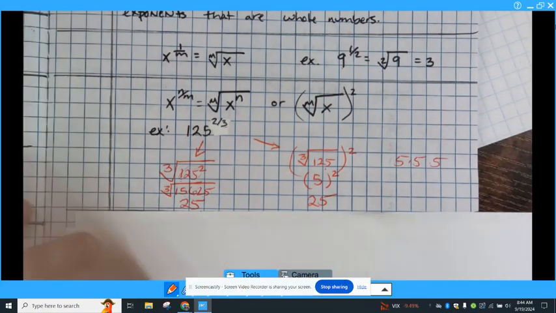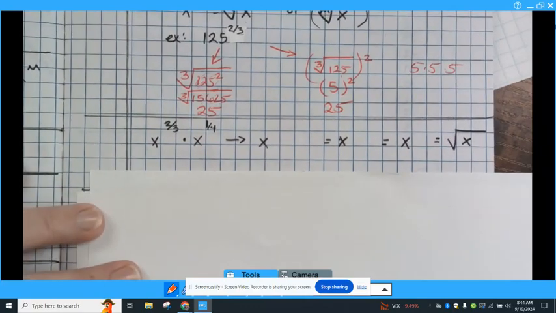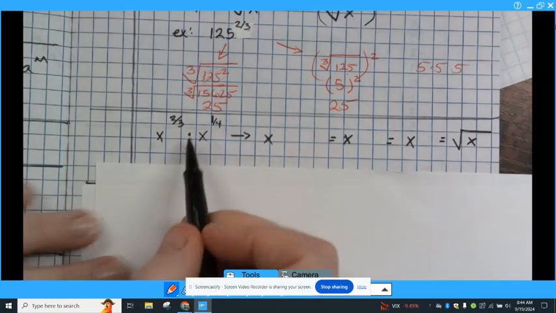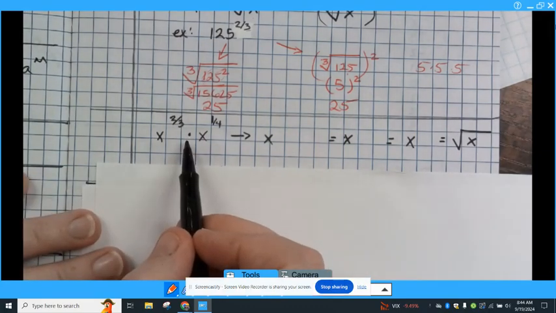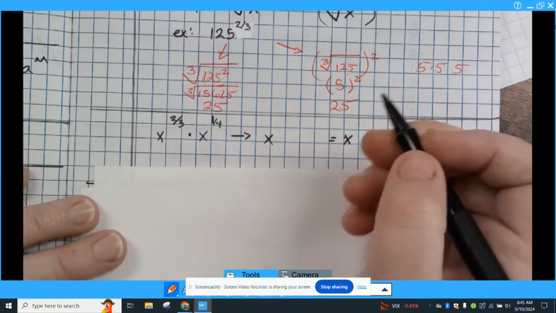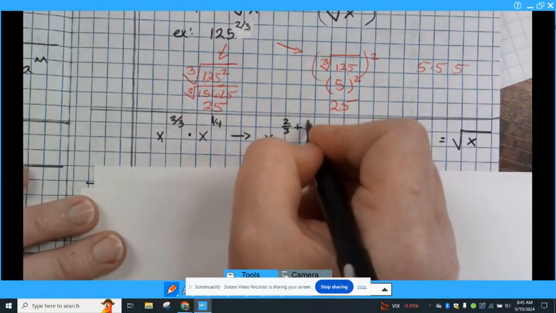So, our next example: I have x to the 2/3 times x to the 1/4. Using our rules of exponents, the product rule means we can add these. They're fractions, so that's 2/3 plus 1/4.